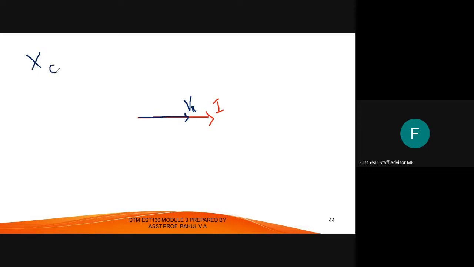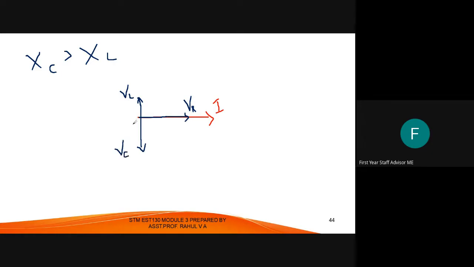Then, this is the condition: XC greater than XL. So since XC is greater than XL, I should draw VL like this. The length should be a little bit lesser compared to the length of VC.